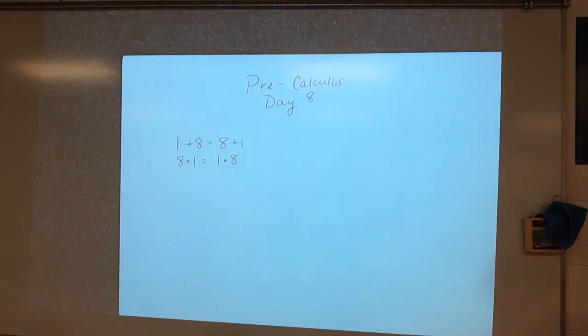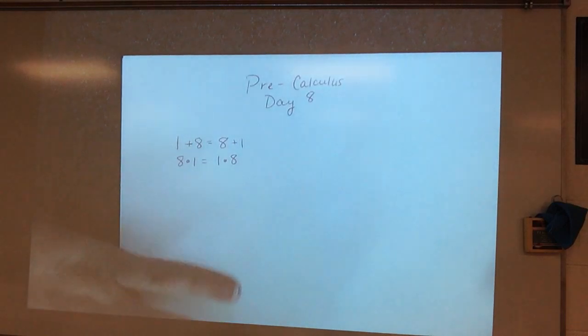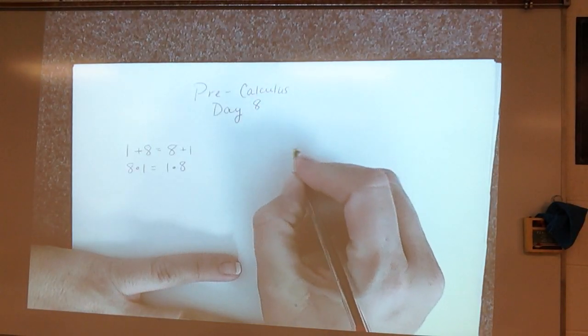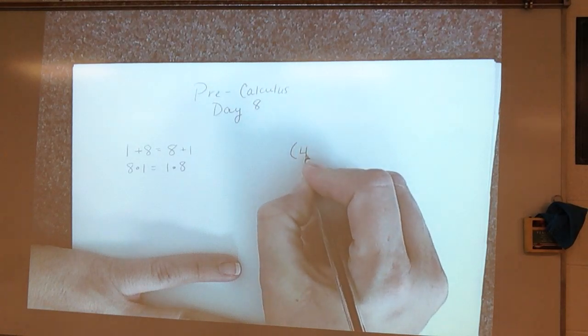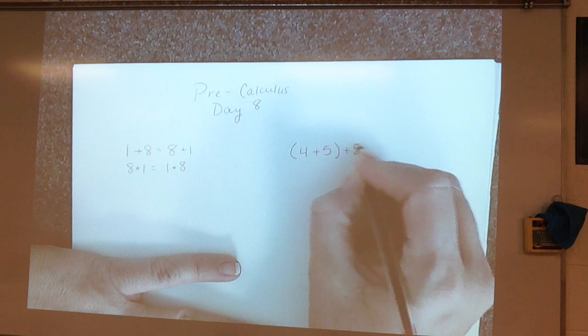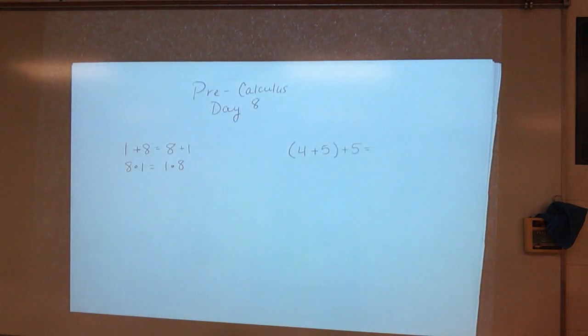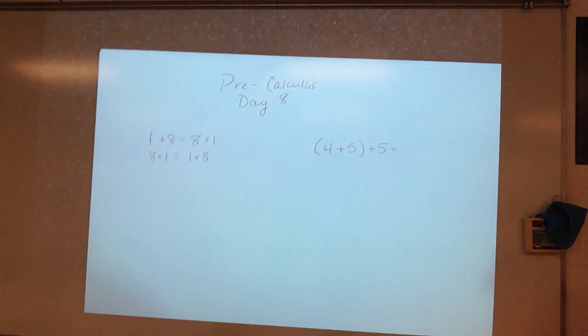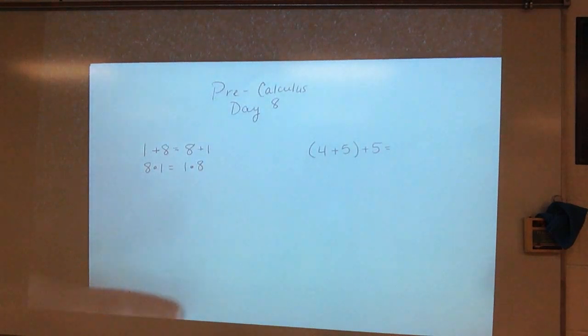Then we have the associative property. The associative property of addition is just basically how we group numbers together. Alright, so let's say that I have 4 plus 5 plus 5. Let's say I want to make that a little bit easier to add.